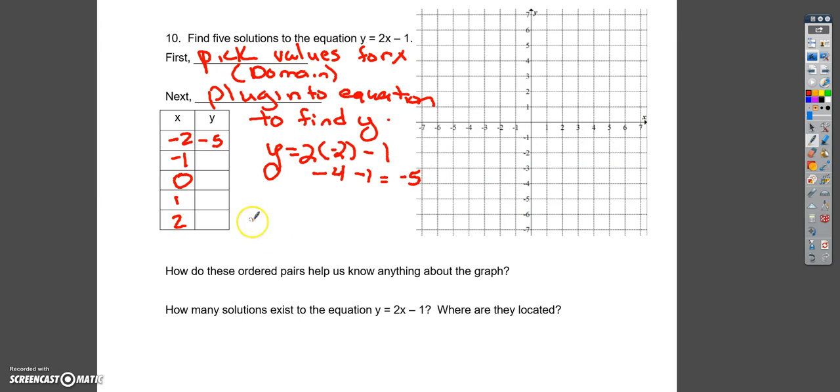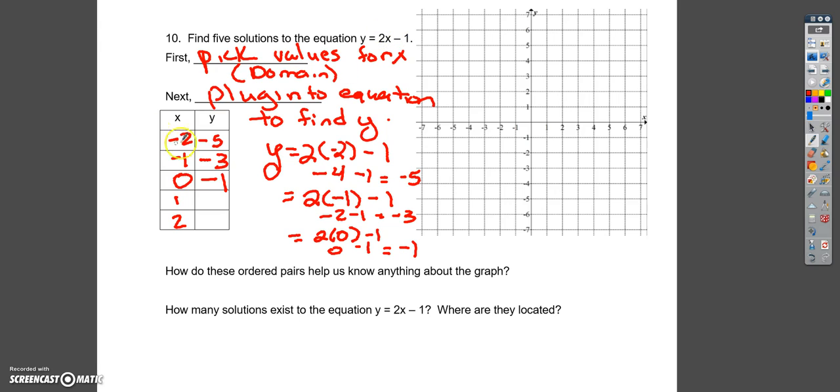Now we're going to put -1 in place of x. So 2 times -1 minus 1, which is -2 minus 1, which is -3. 2 times 0 minus 1. 0 minus 1 is -1.